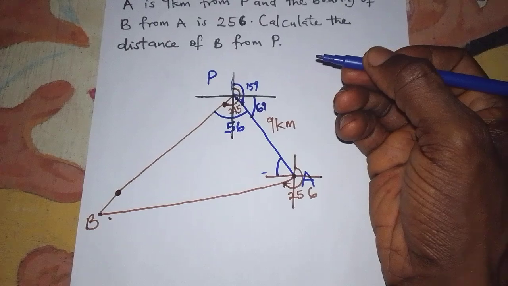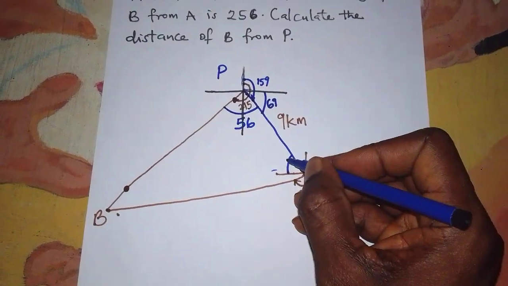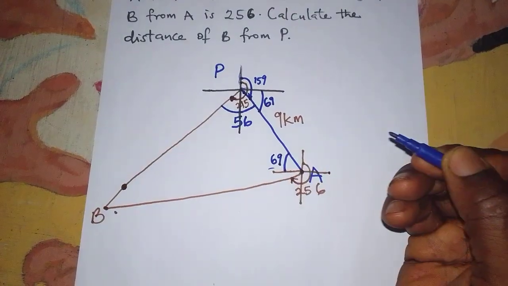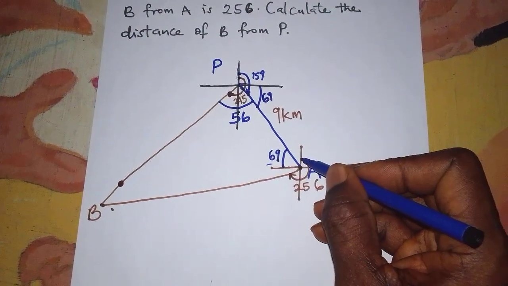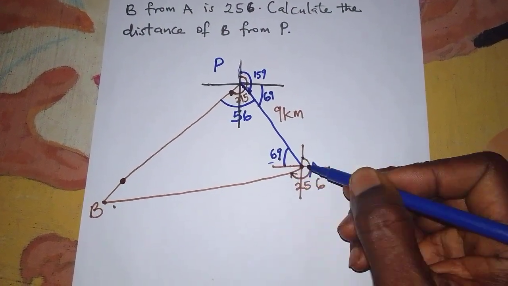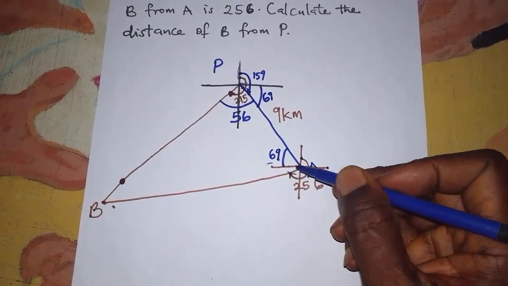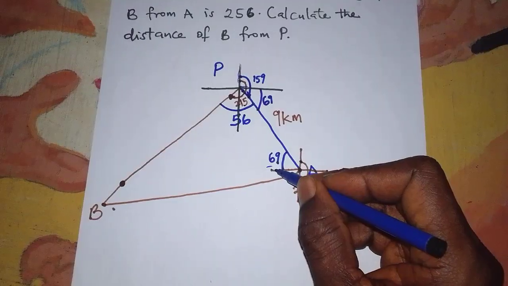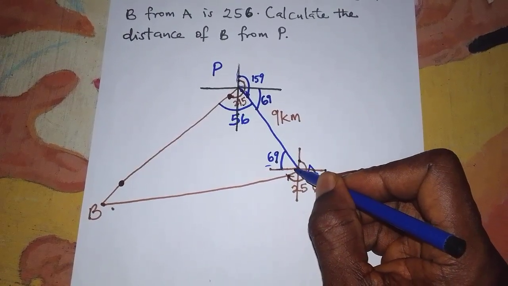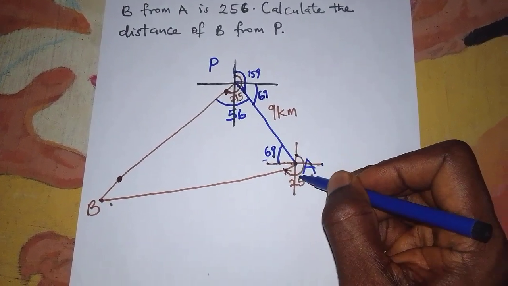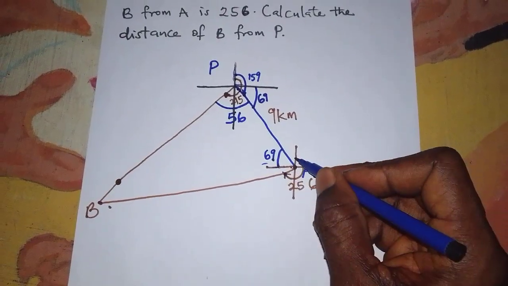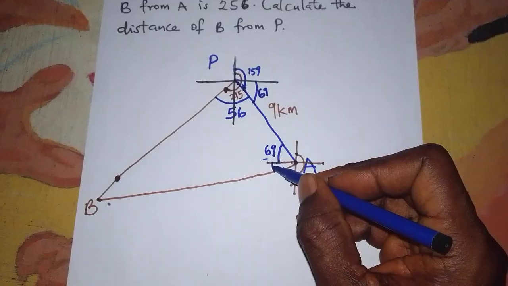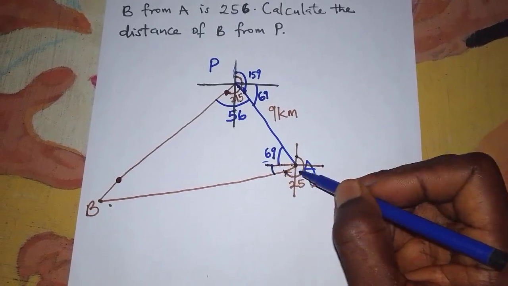Now, from the north up to this place is 256, and the north up to this line in the third quadrant is 270.